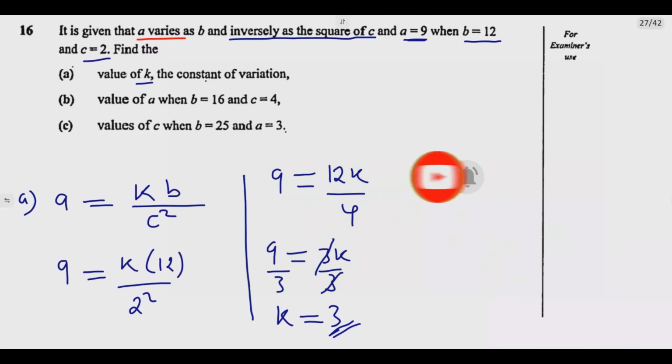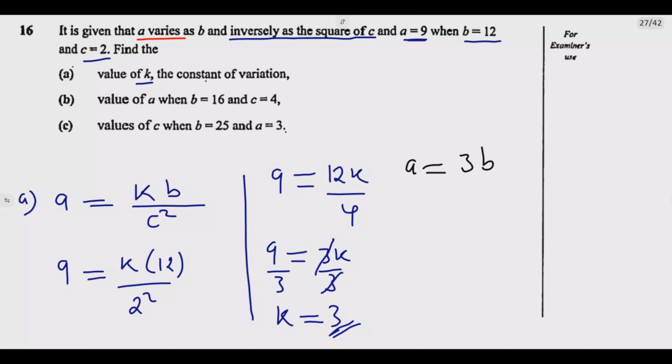Then we go to B. We need to find the value of A when B equals 16 and C equals 4. So at this point, let me use a different color. We know the value of K. The value of K is 3.